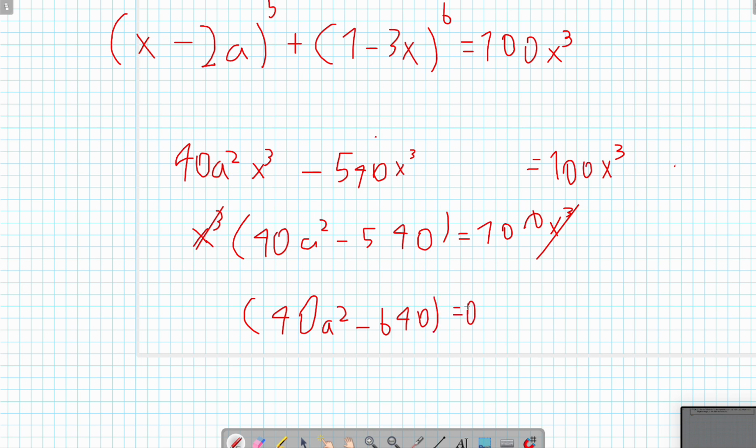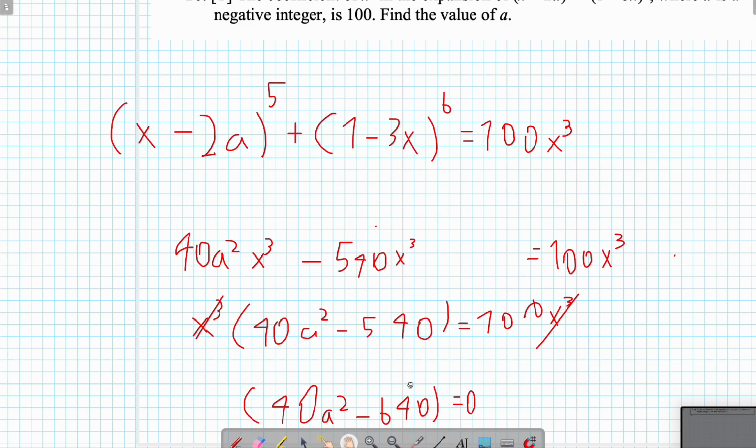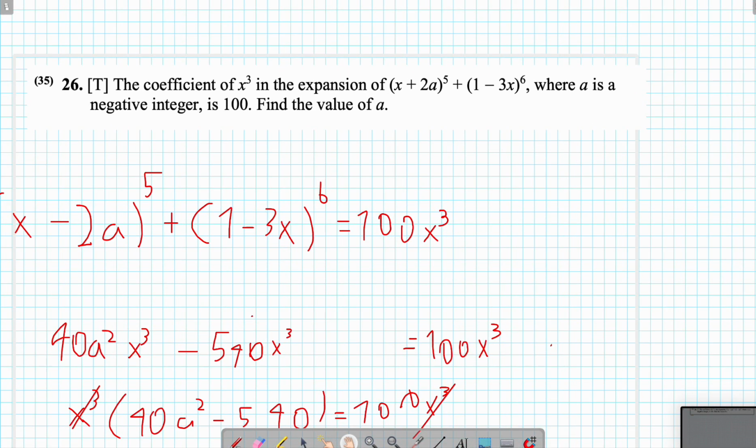Plug this into the calculator, 40, 0, negative 640, you'll get a is 4 and negative 4, so a is equal to plus minus 4. They said a is a negative integer, so that means a is equal to negative 4.